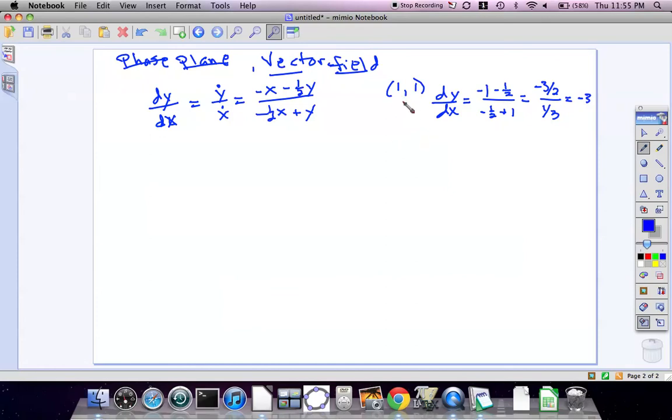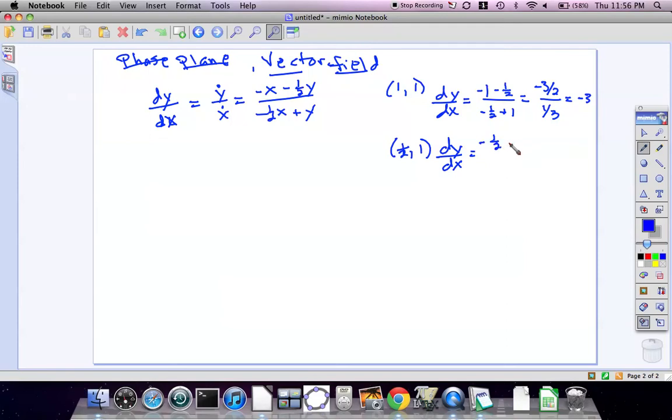Other ones will have a different thing going on. Let's do (1/2, 1). And the slope of the vector through that point would be what?